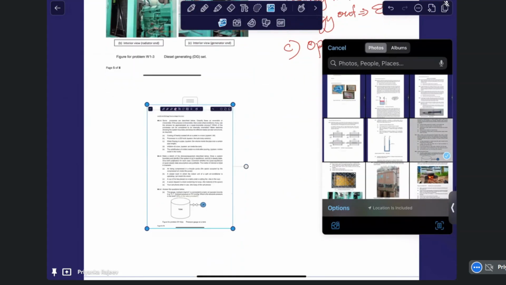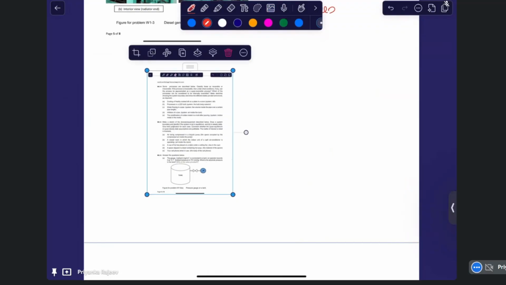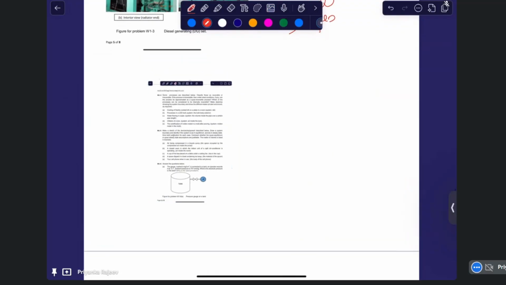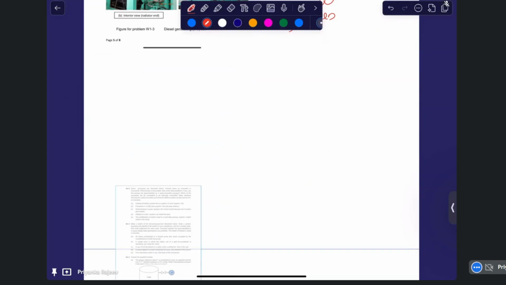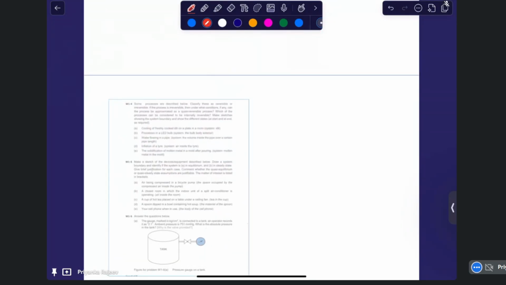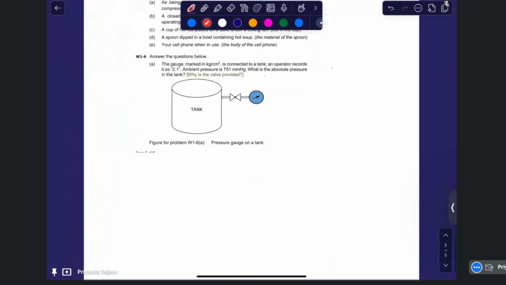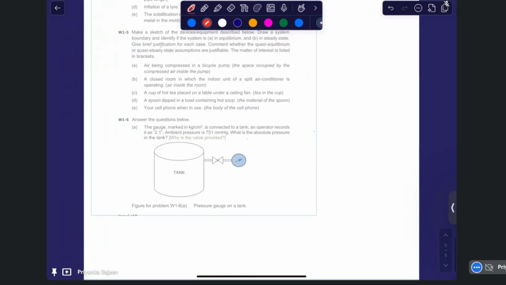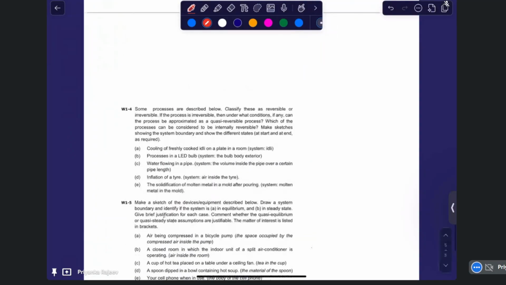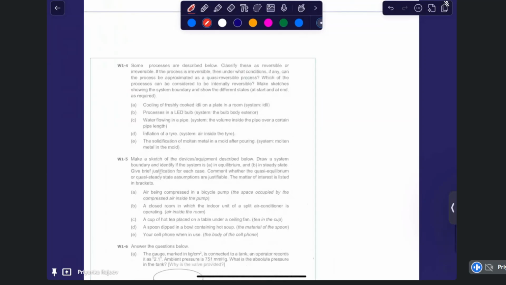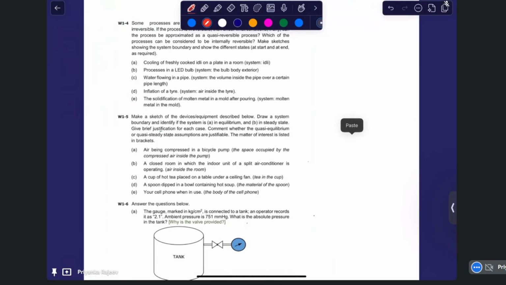Now, next up is question number 4. Some processes are described below.